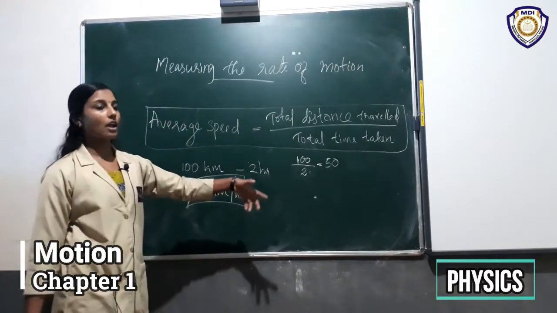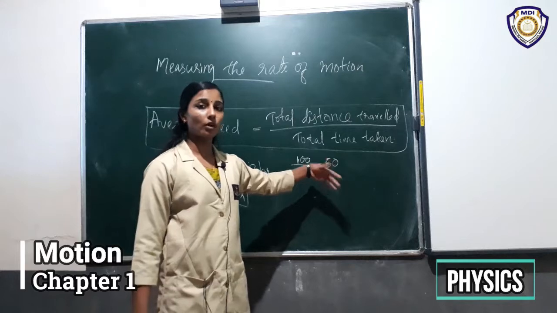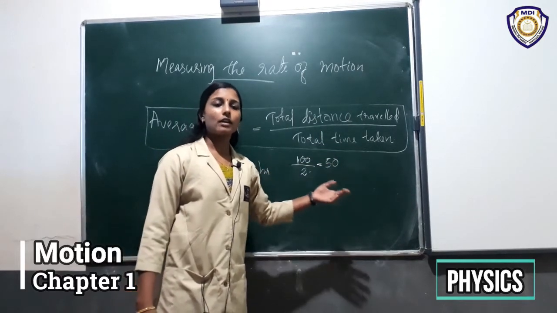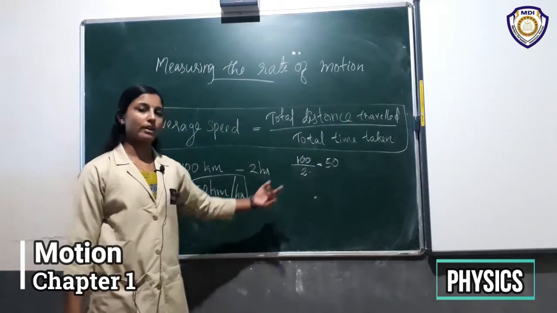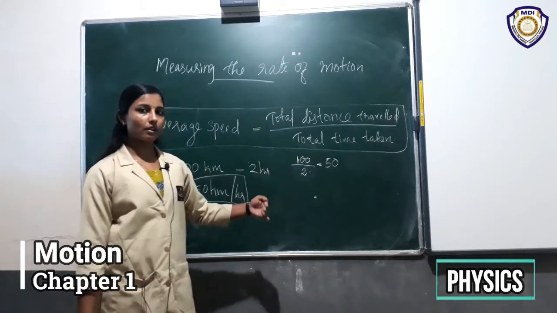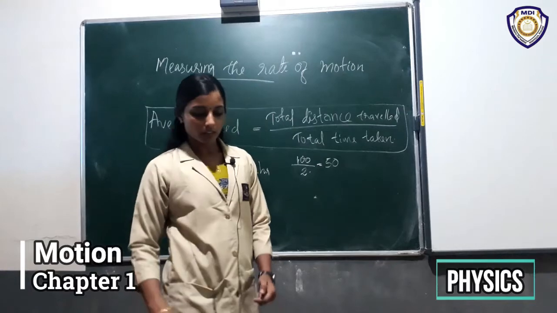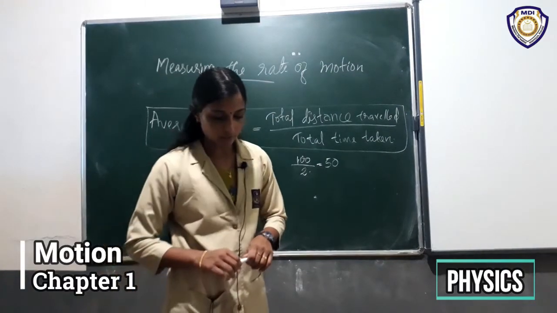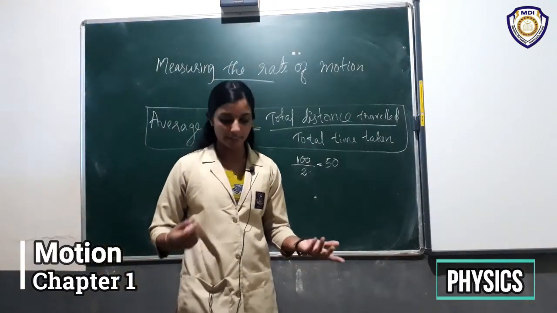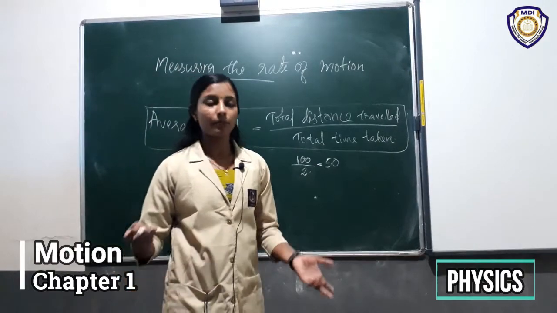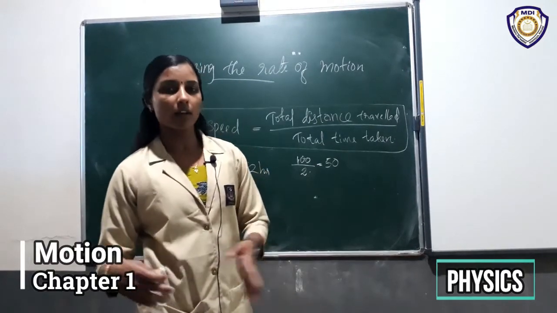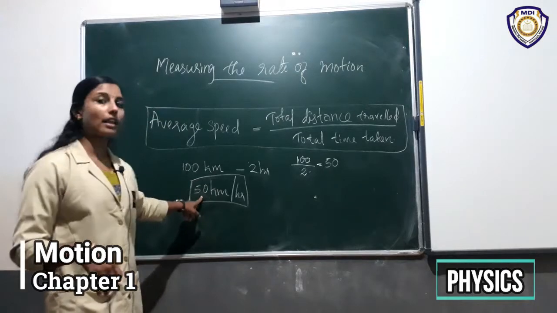The car may go faster, more than 50, or it may lower its speed, going slower than 50. This is only the average speed.